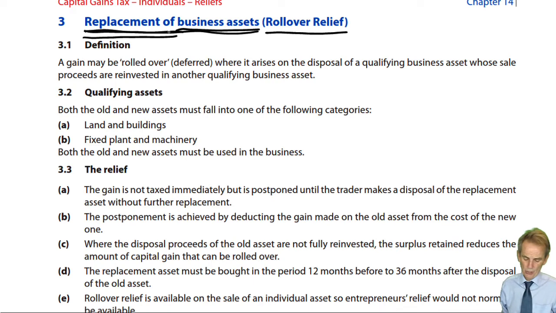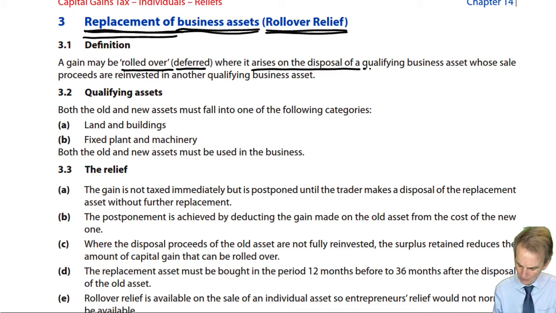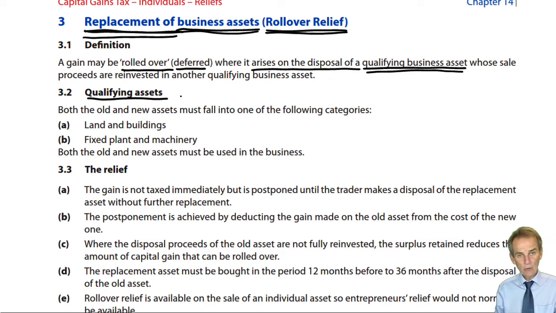So let's have a little look at what our note says here. A gain may be rolled over, hence the term rollover relief, i.e. deferred, where it arises on the disposal of a qualifying business asset. Now, in terms of qualifying assets, we have got to have both the sale of a qualifying business asset and, as we just said, the purchase of another qualifying business asset.